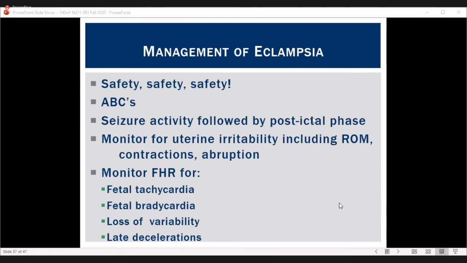So some of those issues can lead to uterine irritability. Sometimes mom will have a seizure, her membranes will rupture, contractions will start, she will abrupt. Any of those things can be triggered by this seizure. So you want to make sure that you get a strip immediately.